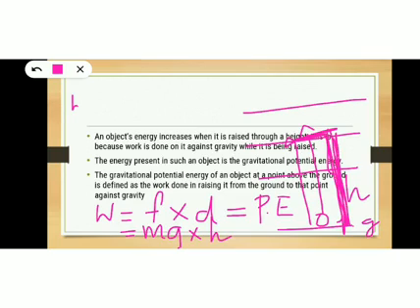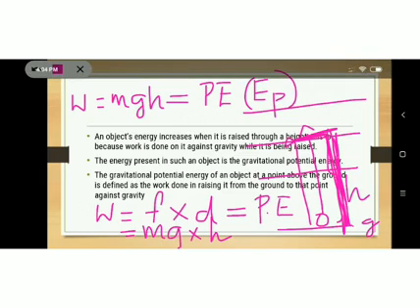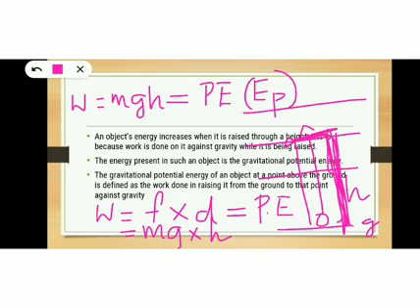So the work done W is mgh, mg into h, that is mgh, and this itself will be the expression for gravitational potential energy, where m is the mass of that object, g is the acceleration due to gravity, and h is the height through which the object has been displaced from the ground. Okay, so the expression for gravitational potential energy, EP means potential energy itself, is mgh.